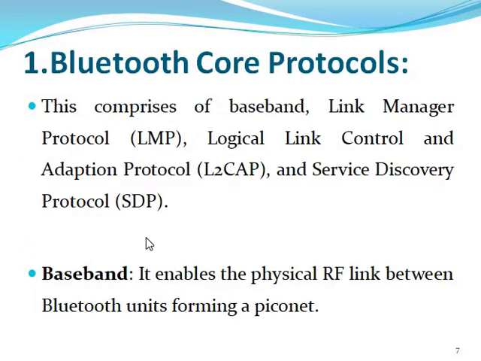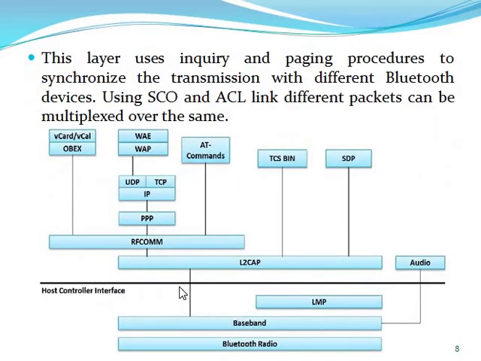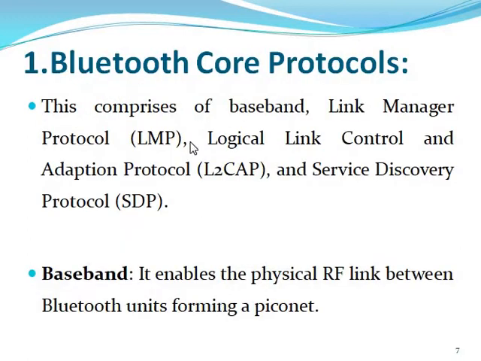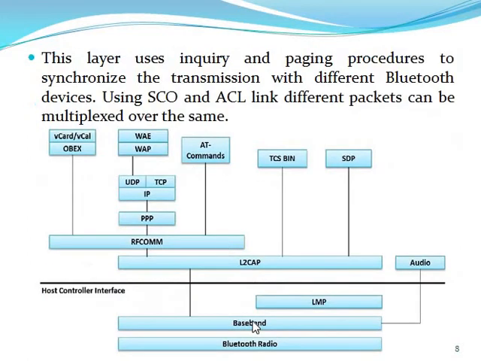First, we can show the Bluetooth core protocol. In the Bluetooth core protocol, this is the baseband. It means the low level, the starting point for how you interact. In this, we use the baseband. So what is the use of the baseband?